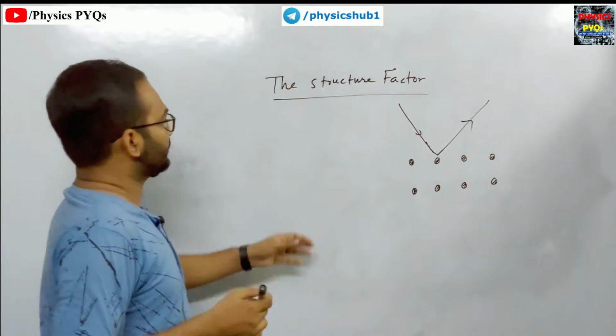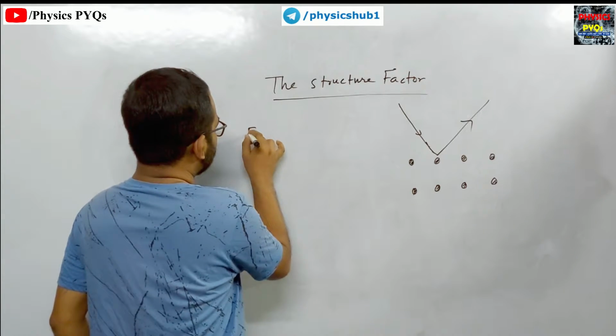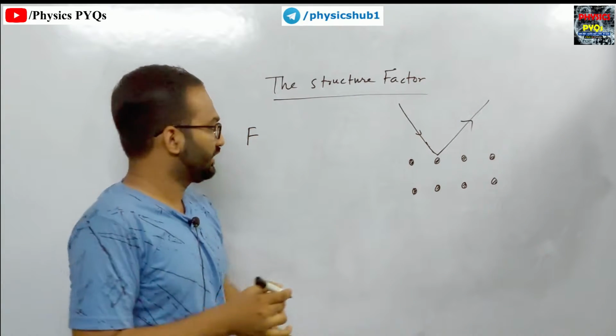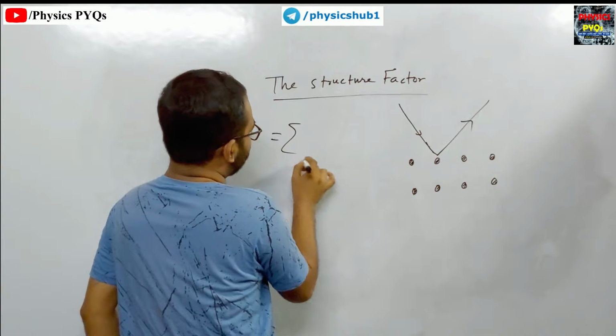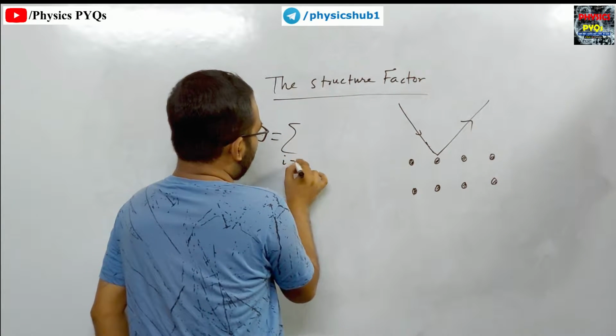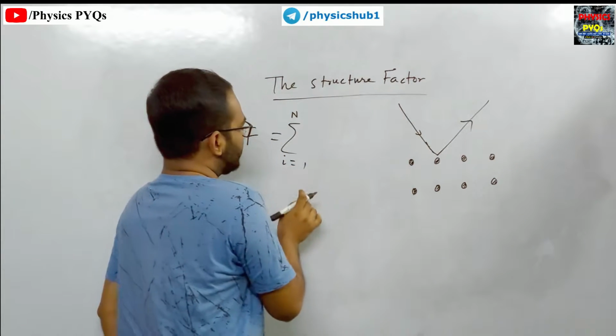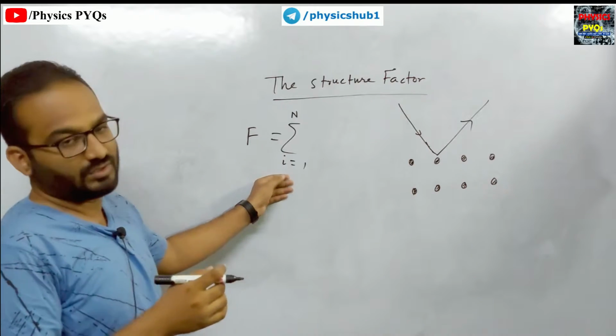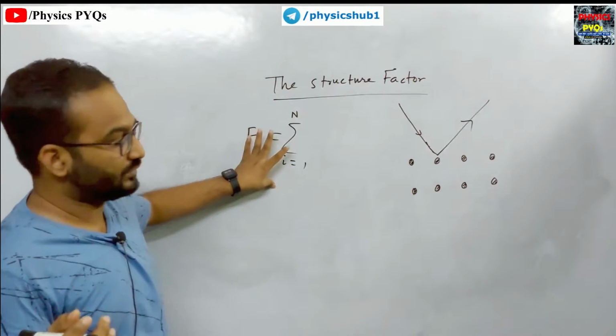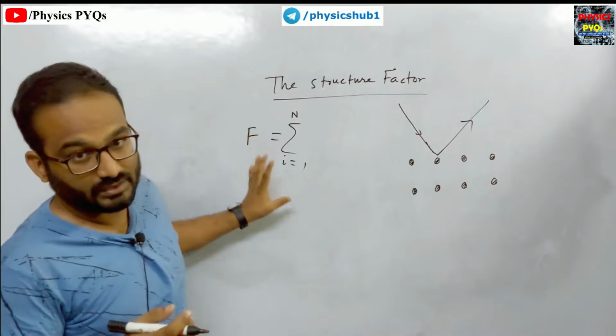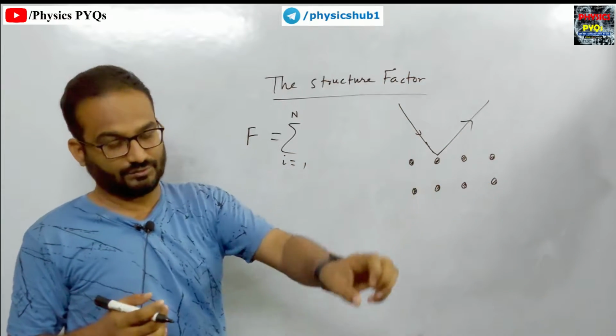So, this structure factor is denoted mathematically by F, which equals the sum over i from 1 to n, where n denotes the number of atoms per unit cell. So, this summation extends over the atoms inside a unit cell.